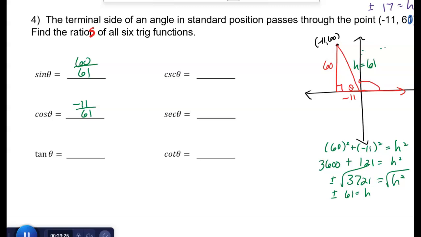What about the tangent of the angle? Yep. Can I reduce any of those? So can I just use my reciprocal functions to figure out the rest? Which I love. So this is 61 over 60. We get 61 over negative 11, and we get negative 11 over 60.